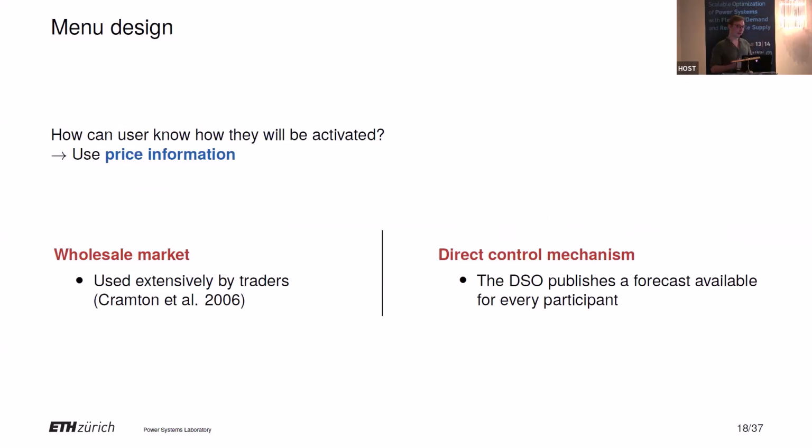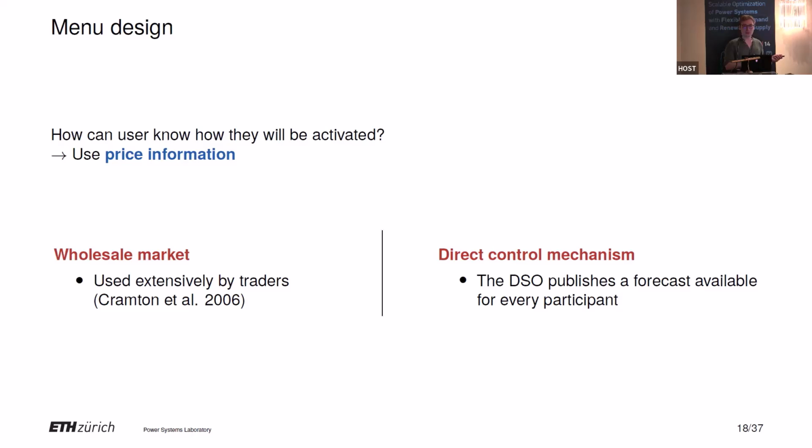And the key idea here, again drawing a parallel with a wholesale market, is to use price information, price forecasts if you want, that are very well developed in the context of electricity markets, because they are very big markets, they are very liquid, so we know that there is a lot of price information.